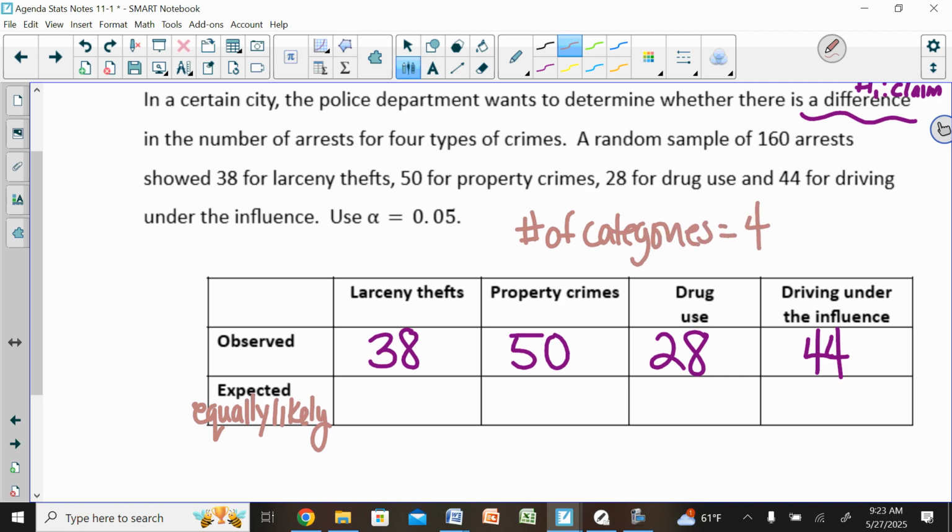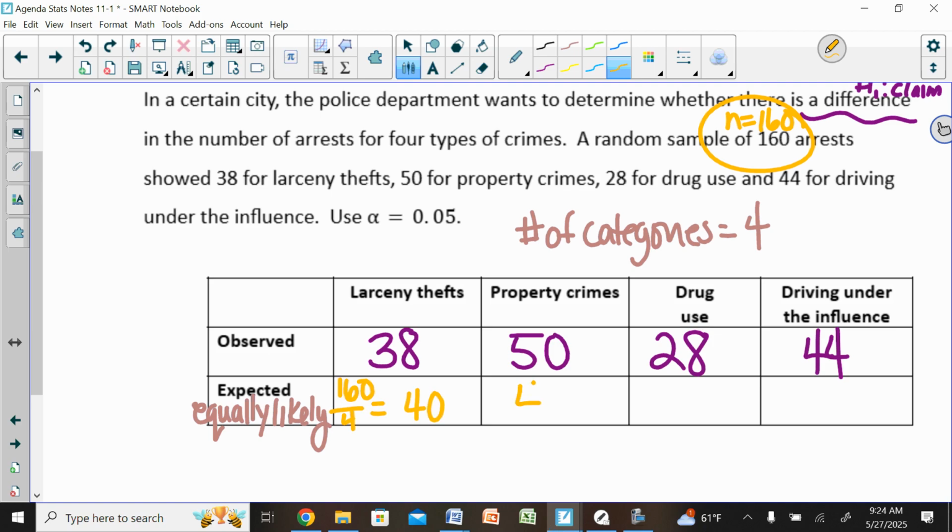And how many categories do we have? k equals 4. If we point that out now, we can do 2 things. We can talk about our expected values. We can also talk about our degrees of freedom. Here is our n equals 160. So basically, I had to use common sense. If there are 160 arrests and we think that they're all equally likely for the 4 different types of crime, that means I'm going to do 160 divided by 4.